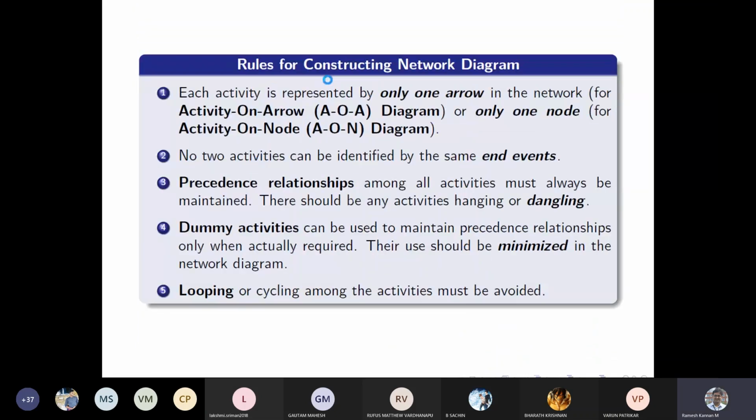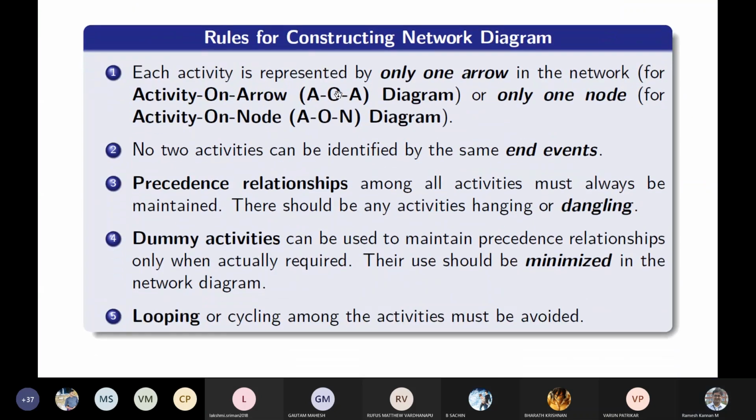So those are the rules for constructing a network diagram. One is only one arrow in a network diagram, or only one node, represents a particular activity. One arrow should not have two activities in an activity on arrow, or one node cannot have two activities in an activity on node. Two activities can be identified by the same end event.